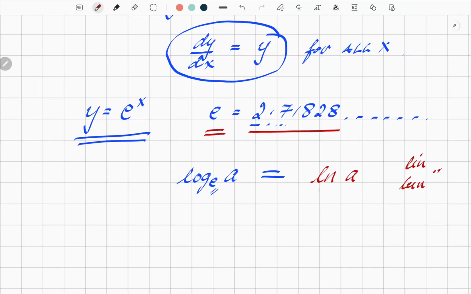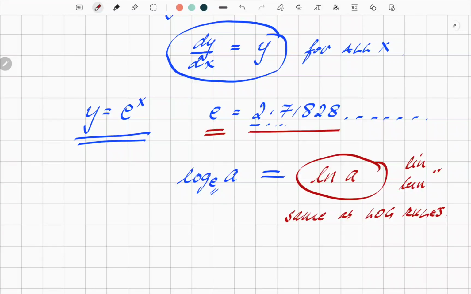On this one, ln a, it obeys exactly the same rules as the log rules I showed above. Is that okay? Any questions thus far? No? All right.